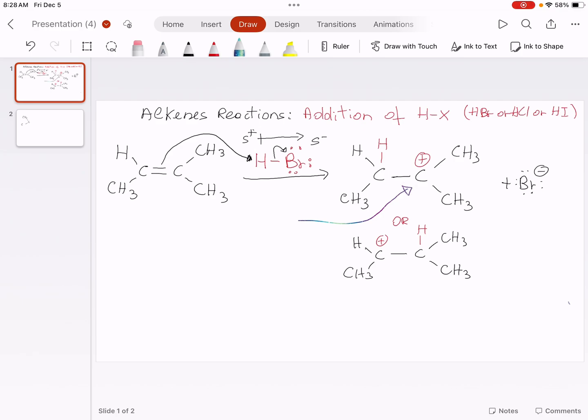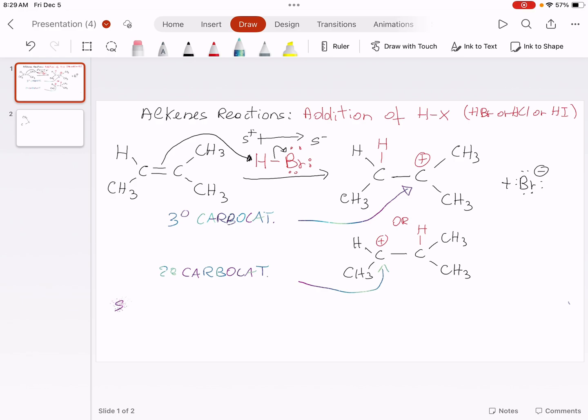this is a tertiary carbocation. This one, on the other hand, is a secondary. So carbocations are intermediates where the carbon has a positive charge.